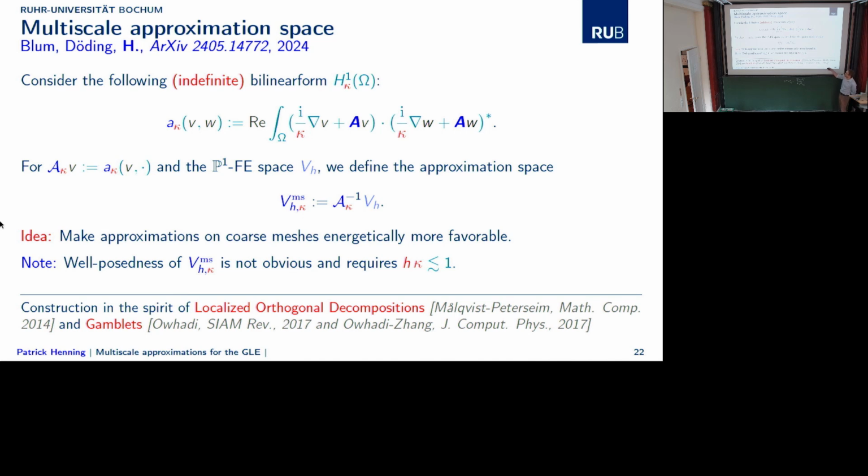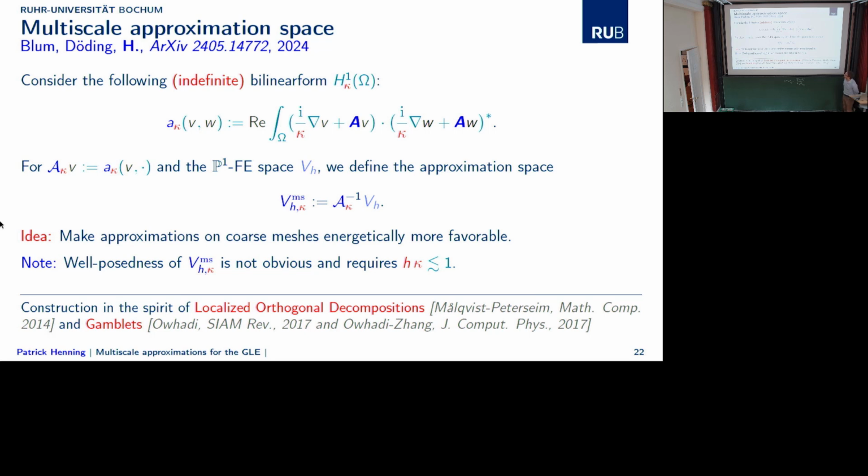So even though it might not have an inverse for all right-hand sides, this is still well posed, provided that this resolution condition is fulfilled. Okay, so we can work with that space. And the idea behind this is to incorporate this critical term of the energy and to hope that the corresponding approximations become energetically more favorable in that space.